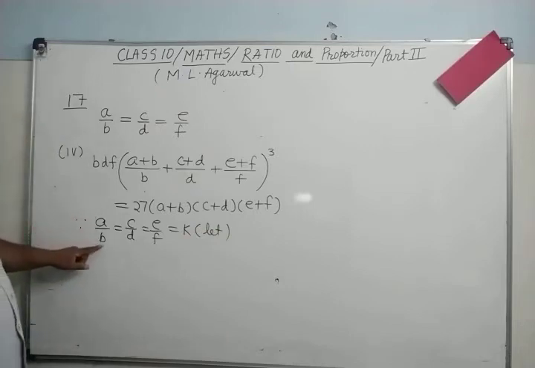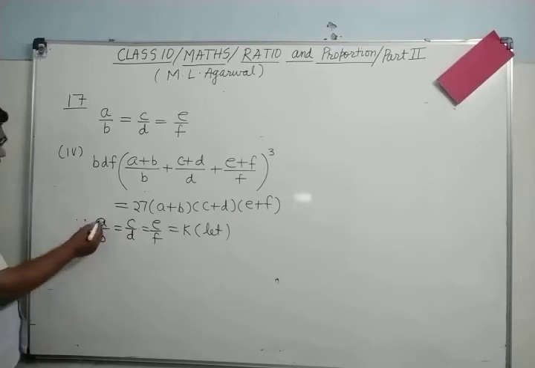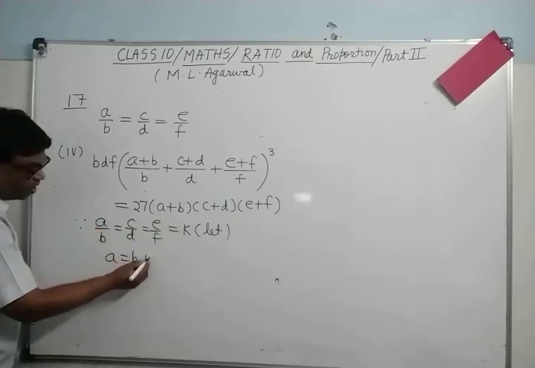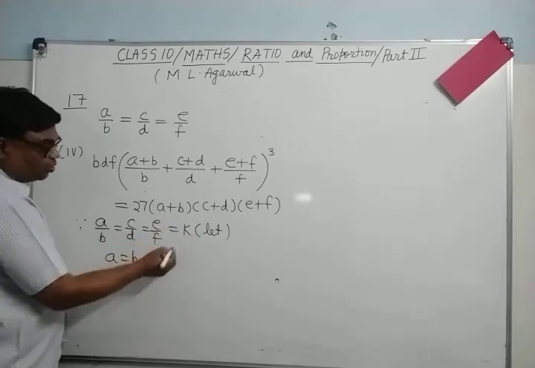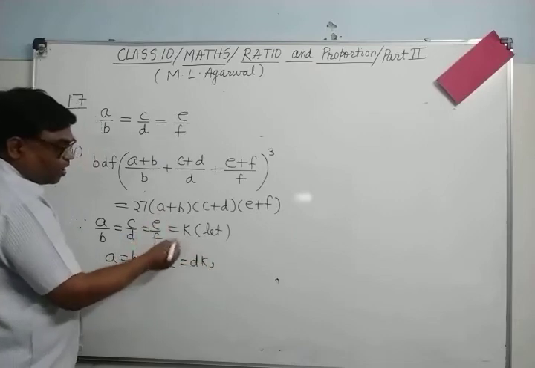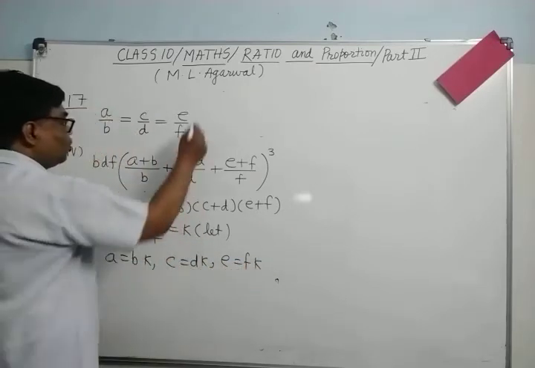So when you write A upon B equals K, A will be equal to BK. What is C upon D equals K? So C equals DK. E upon F equals K, so E equals FK. Means what you have got here?